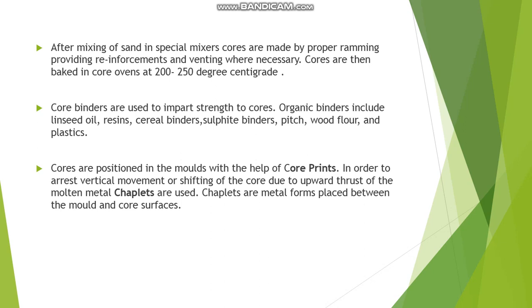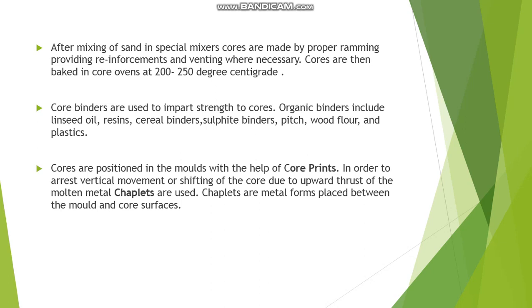In green sand, which is used for the mold, the grain size is not consistent. But the core sand has consistent grain size. This is prepared, made and sold separately as core sand.